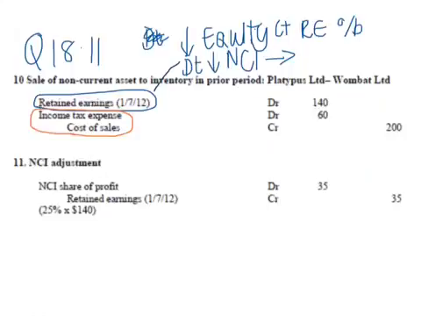The second entry relates to the NCI adjustment for the increase in equity as a result of the realization of that profit when the inventory was sold to an external party. So the effect of our cost of sales and income tax expense adjustments will be that on a group level, the earnings for the year will increase, so there's an increase in equity.